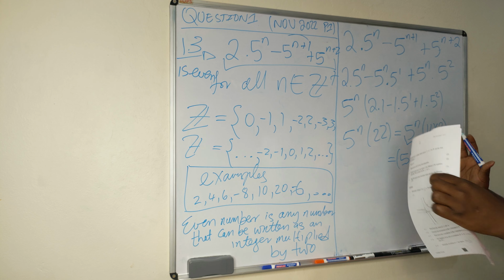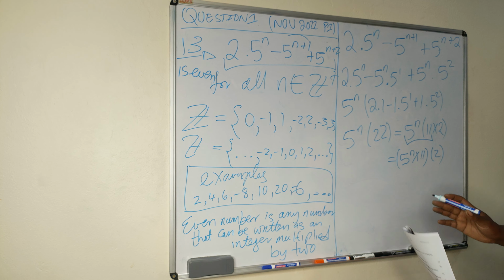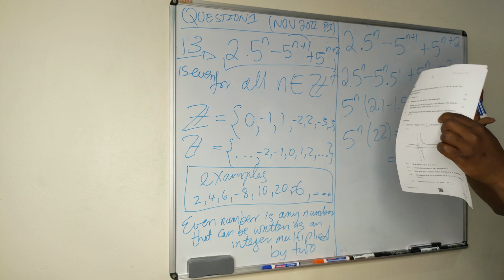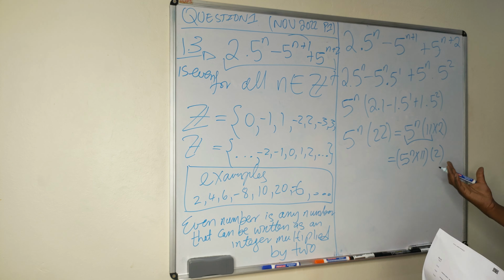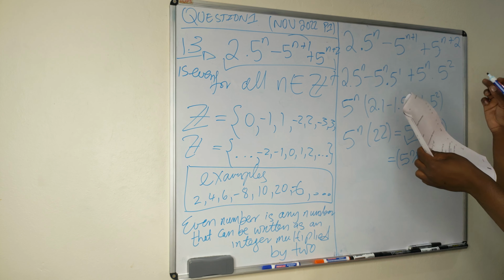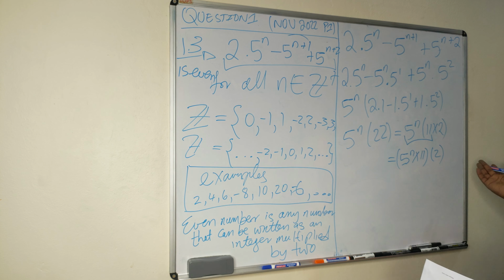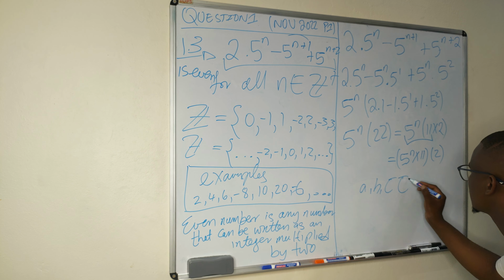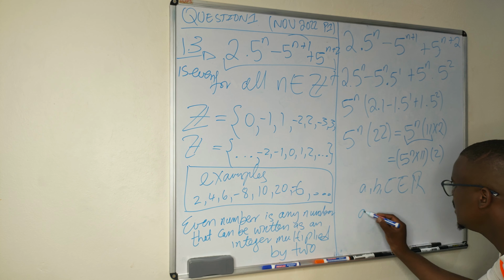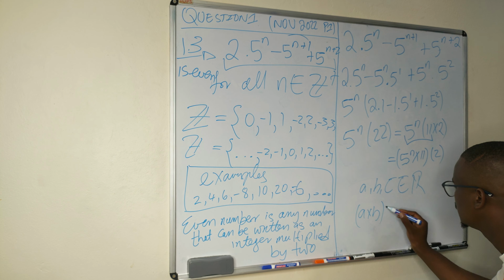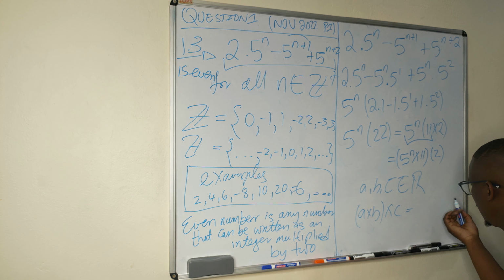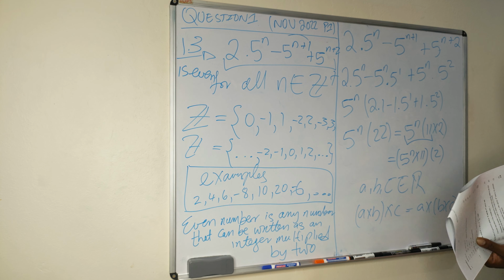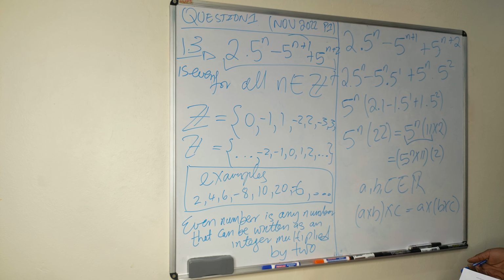You know that the product of real numbers is associative. So a times b times c, with brackets around a times b, is the same as a times the bracket of b times c. If a, b, and c are real numbers, the product is associative.